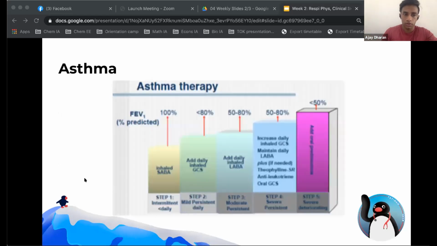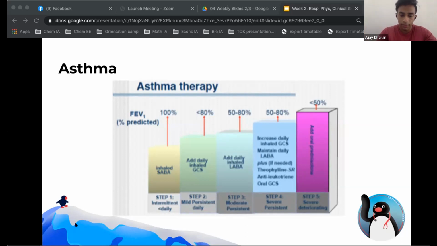Now moving on to the therapy. A key thing that you'll learn, and you'll probably have to do an activity related to this in week 3 as well, is that you start off by giving them a SABA, and then you move up the chain. You can't jump straight to giving them oral prednisolone. You need to follow this chain.